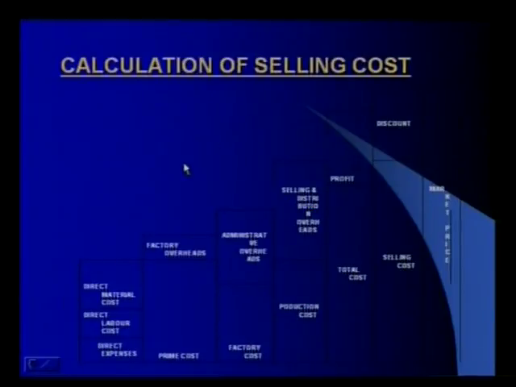To that, if we add administrative overheads, we get the total cost of the product. To that, we add sales and distribution overheads, and we get the selling price of a product. To that, if we add profit, we get the marketing or MRP price. So, this table shows the calculation of the selling cost of any product.